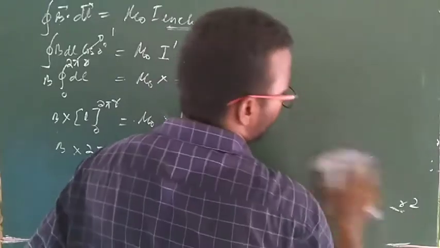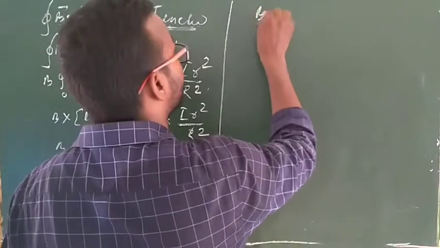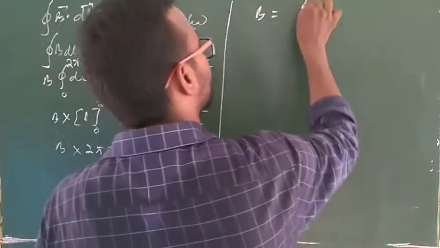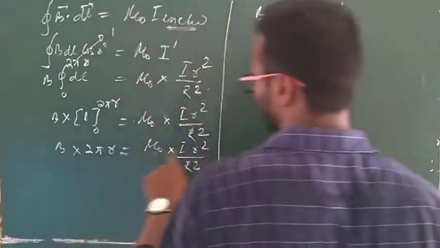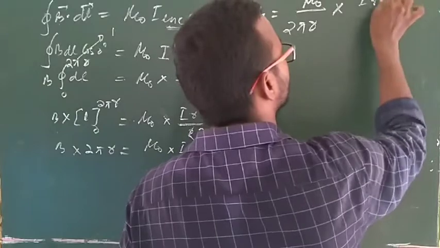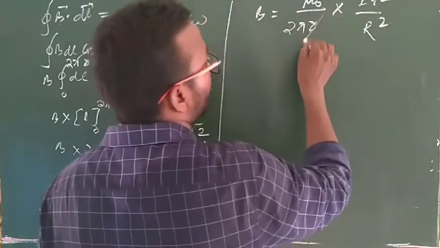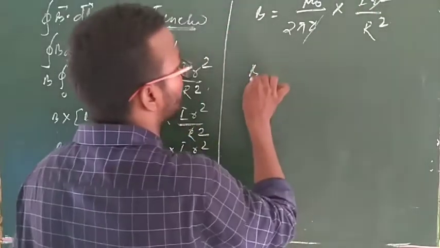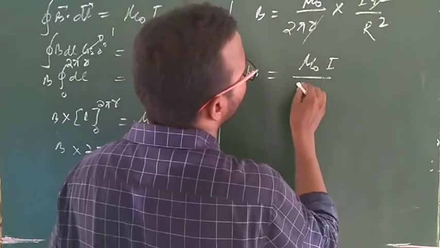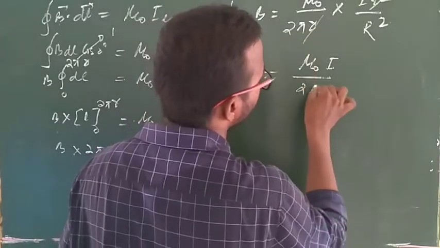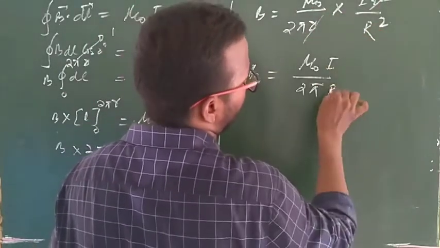Now the above relation turns to B equals mu naught by 2 pi r into I r square by capital R square. Clear? So one r cancels, so B equals mu naught I by 2 pi, into r by capital R square.